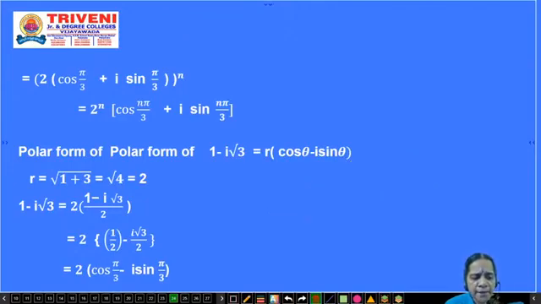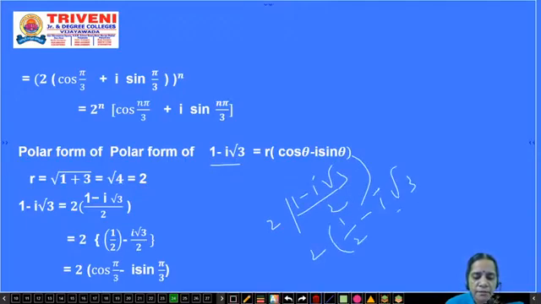Multiply and divide by 2 here: 2 into (1 minus i root 3) by 2. This can be written as 1 by 2 minus i root 3 by 2. This is also written in the theta form: cos pi by 3 minus i sin pi by 3.